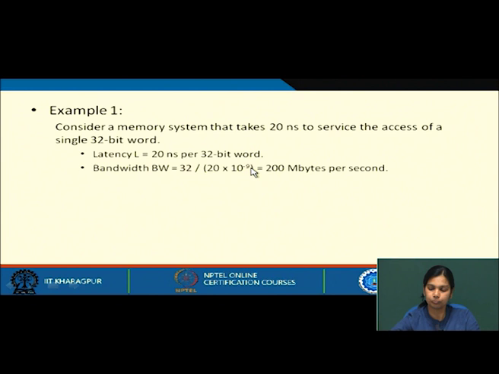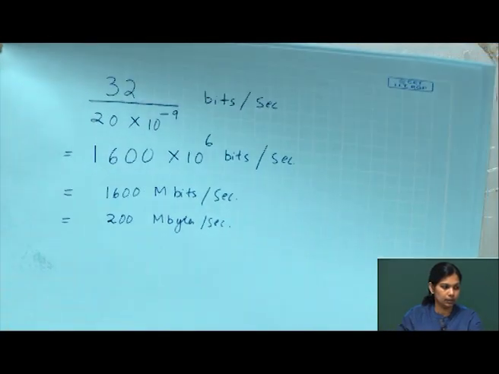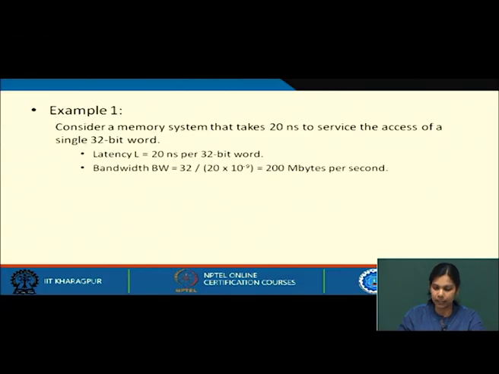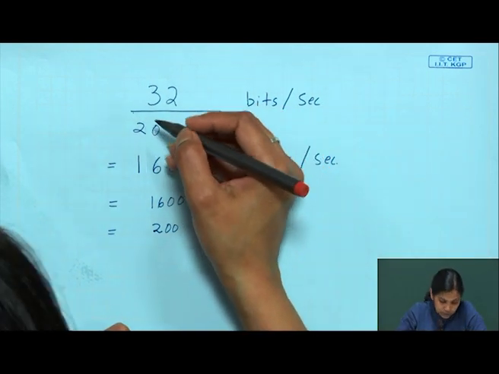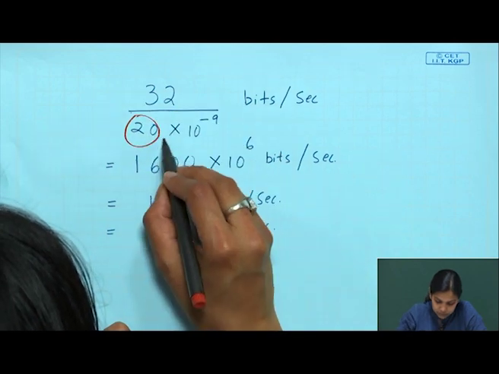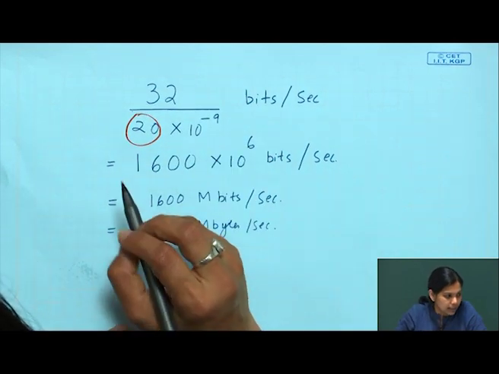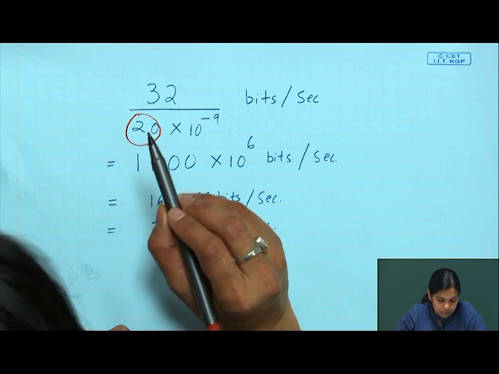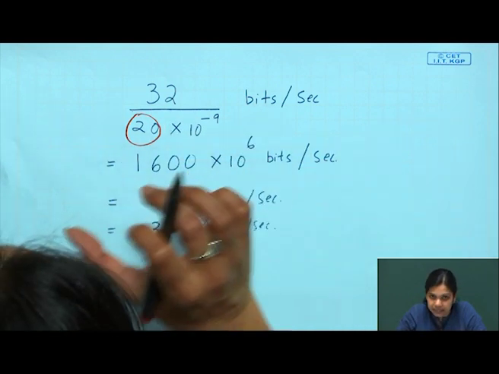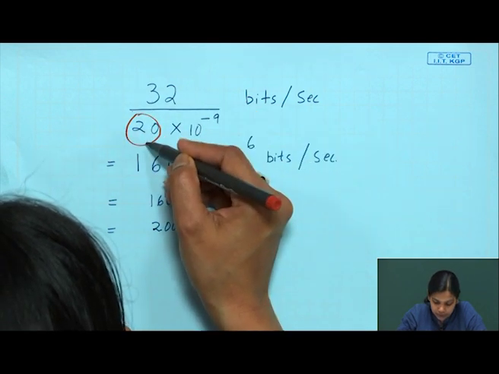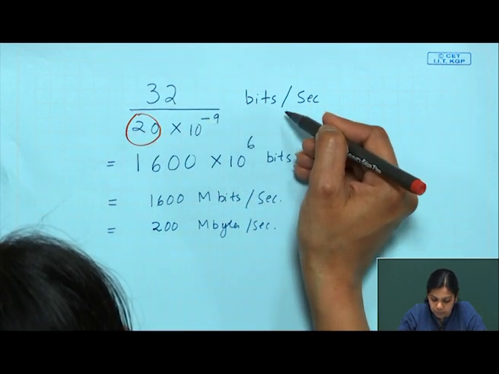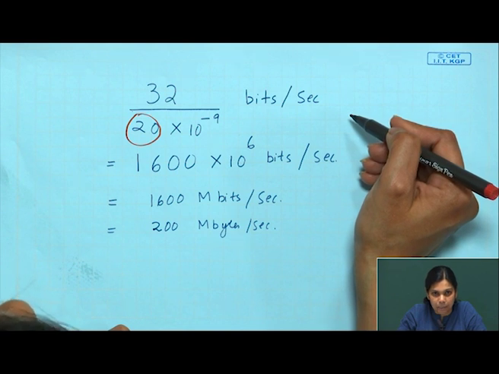Latency is already given, so you can see that latency is 20 nanoseconds, 20 into 10 to the power minus 9 seconds. And how many bits of data? 32. So, 32 divided by 20 into 10 to the power minus 9 bits per second.